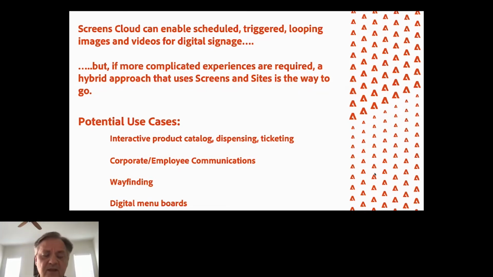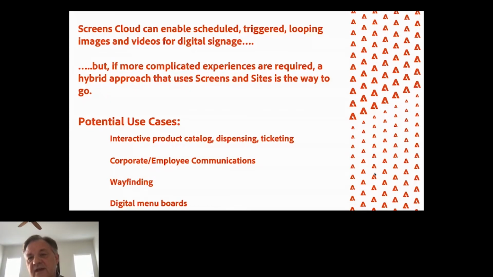In hospitality or even in retail, we see wayfinding applications where consumers are looking to get assistance in how they should navigate a particular location. And a lot of this is animated, and Sites is a great way to build out that content and then deliver it through screens. And then finally, digital menu boards.